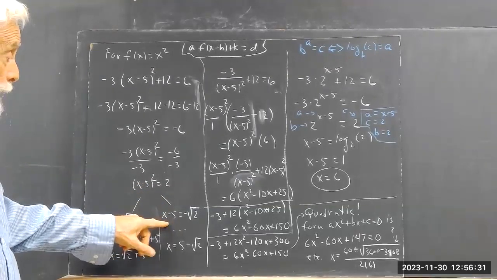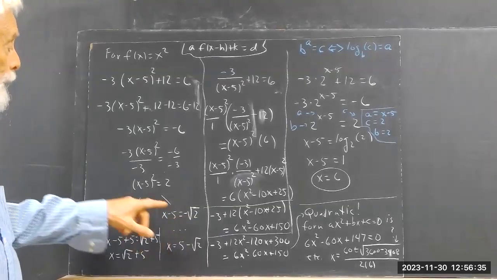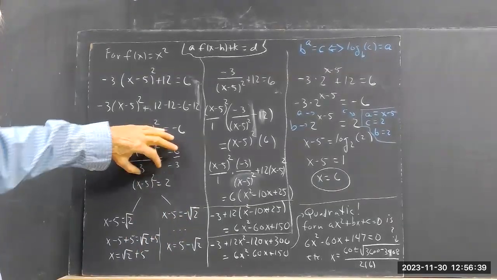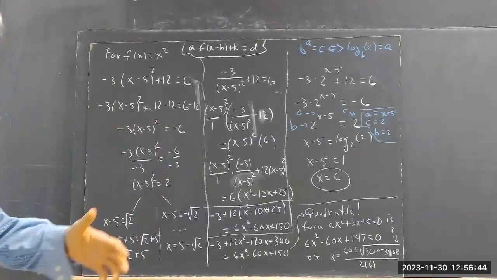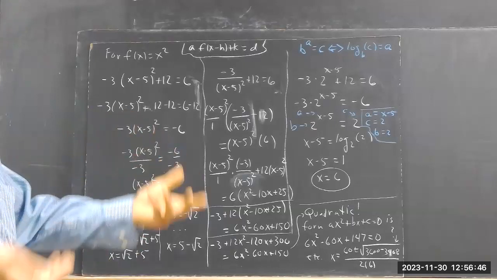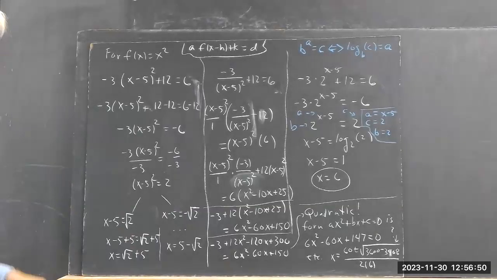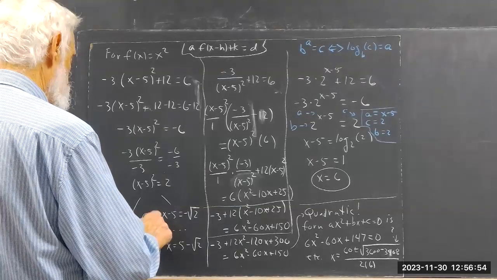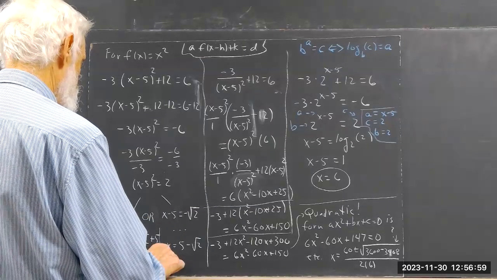Or x minus 5 equals negative the square root of 2, because negative square root of 2 times negative square root of 2 is positive, and it's 2. So it's this, and I should put the logical word in here: or. There's an or here.